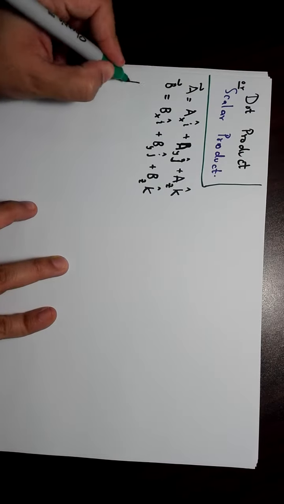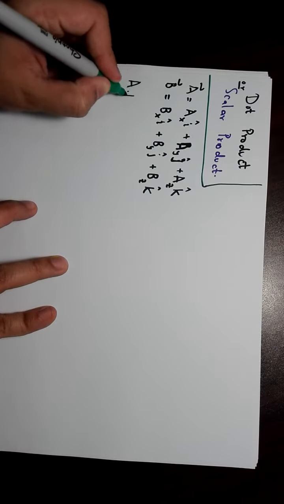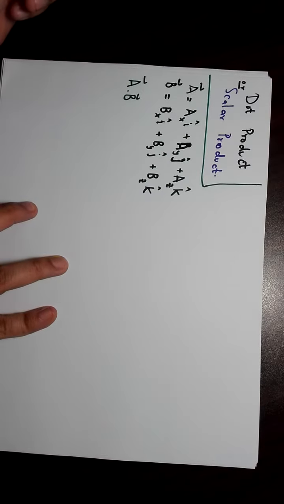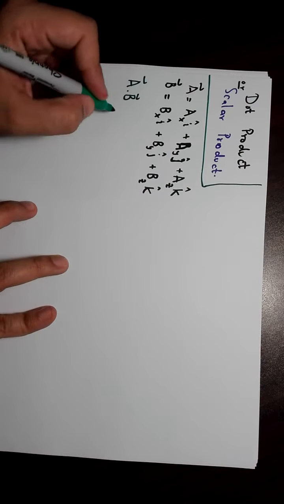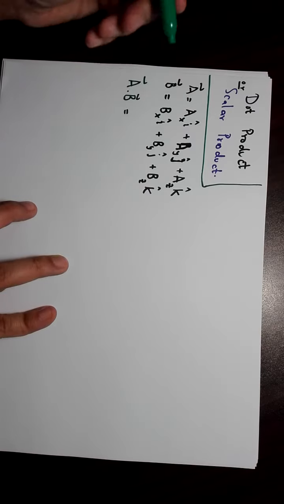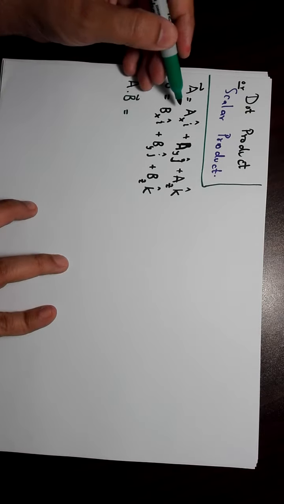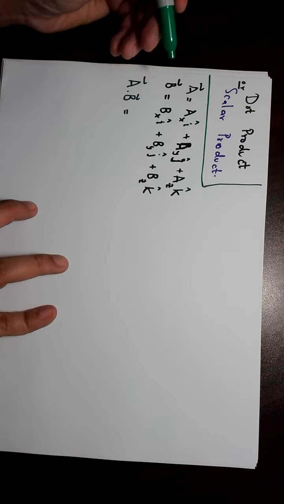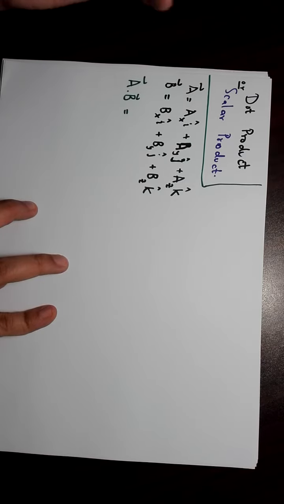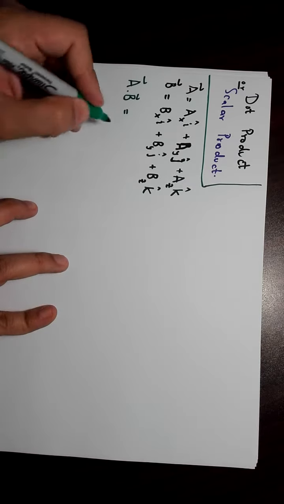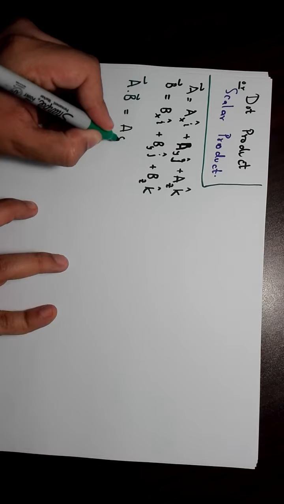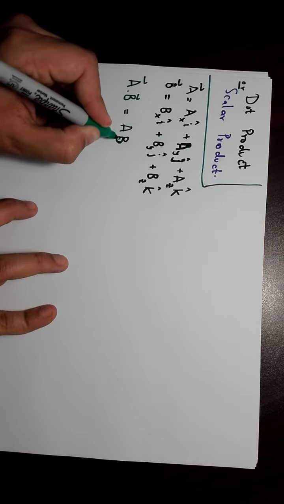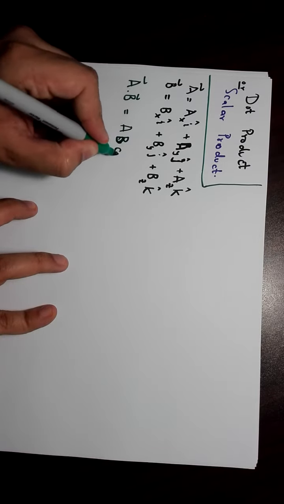Now, if I want to take the dot product of these two vectors, the dot product is represented by a dot b. There are two ways to define the dot product. Let's look at the first one: a b cosine theta.